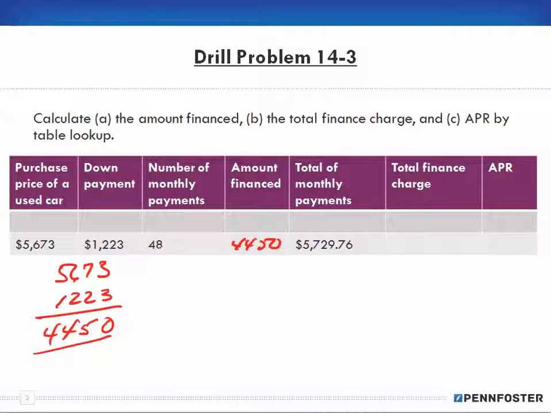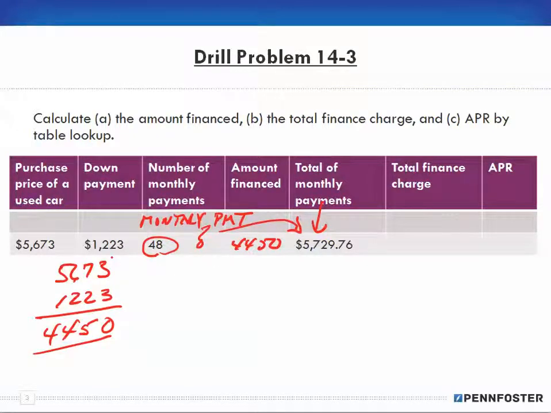The number of monthly payments is 48, and the total of those payments is $5,729.76. Okay, so if we wanted to know how much the monthly payment is, since we know this is the total amount we're going to pay back, we would just divide by the 48 to find out what our monthly payment is. All right, if that was asked, but it isn't being asked. What's being asked is the total finance charge. Well, we know that the total of our monthly payments, 48 times whatever that monthly payment was, would equal the $5,729.76.